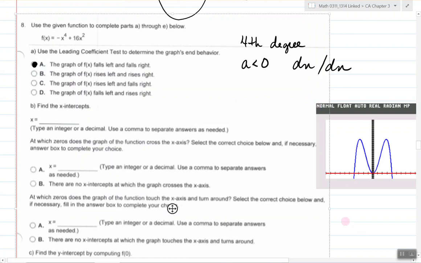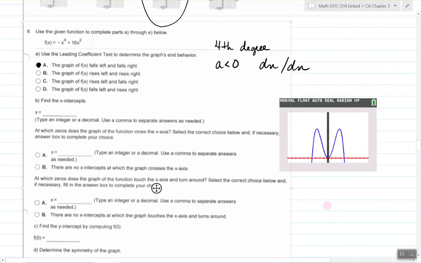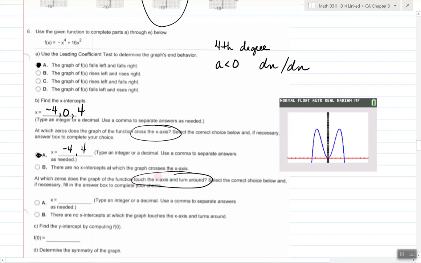The x-intercepts, yes, I could do second calc intersect and get them. I will tell you that they occur at -4, 0, and +4. It wants to know about the ones that cross the x-axis. It crosses at -4 and +4, and then it touches and turns around at 0.